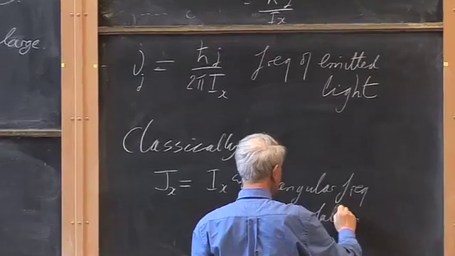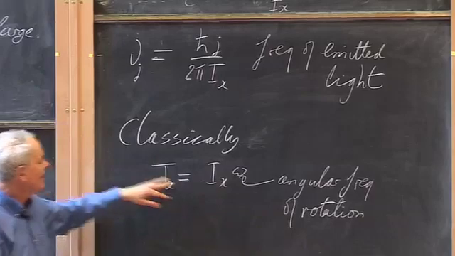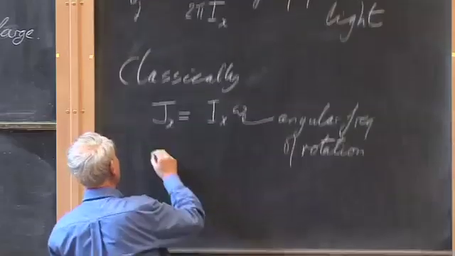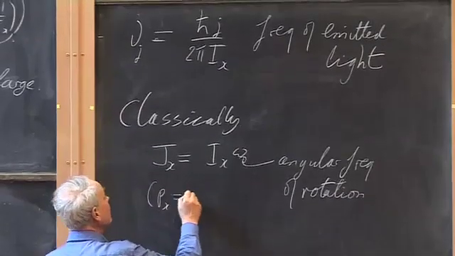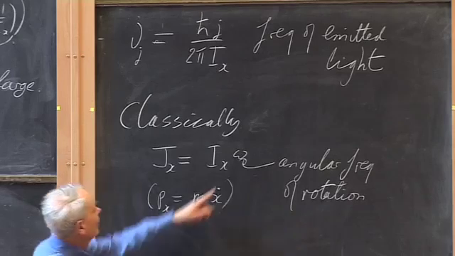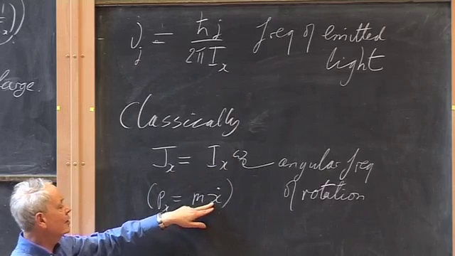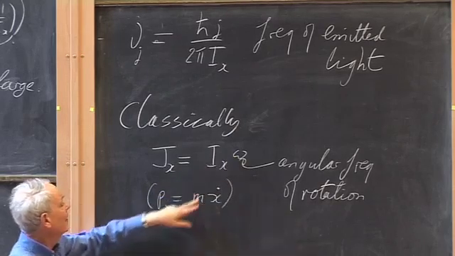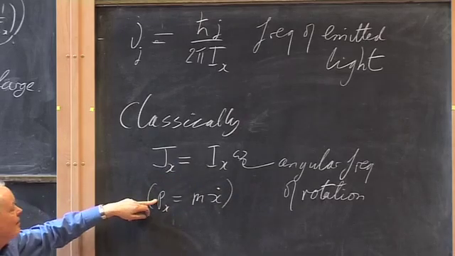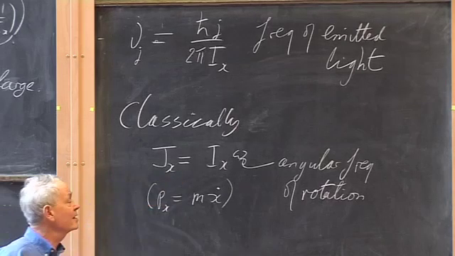So this is a piece of classical mechanics again. The relationship between angular momentum and frequency mirrors the classical statement that p_x is equal to m times x dot. Omega is the analog of x dot: x dot is the rate of change of position, and omega is the rate of change of angle. I've already said that moment of inertia plays a role a bit like mass, and angular momentum plays the role of momentum. So that's where this comes from. It's just a piece of classical physics.